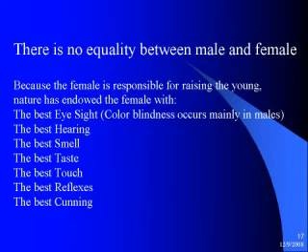There is no equality between male and female. When it comes to the predator species, and usually you can tell predators from prey. Anybody know how you can tell a predator from the prey animals? Eyes, right. The ones who are the predators, their eyes face front. The ones who are usually the prey, their eyes are on the side.